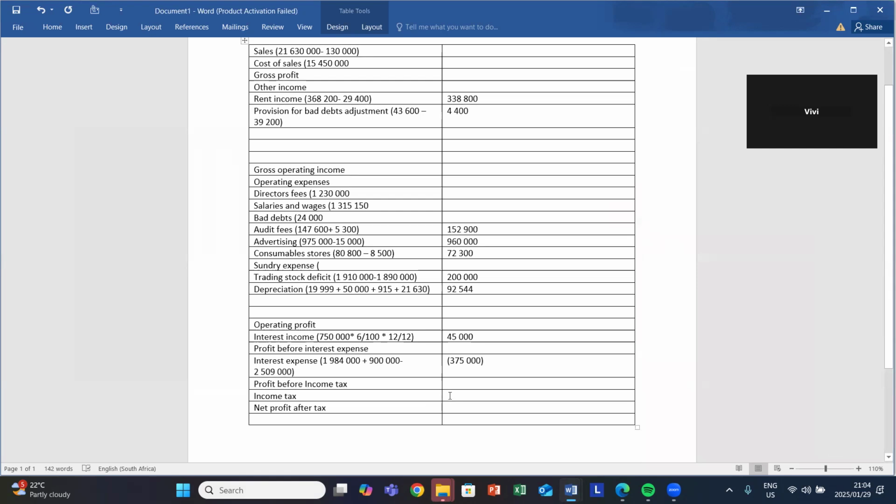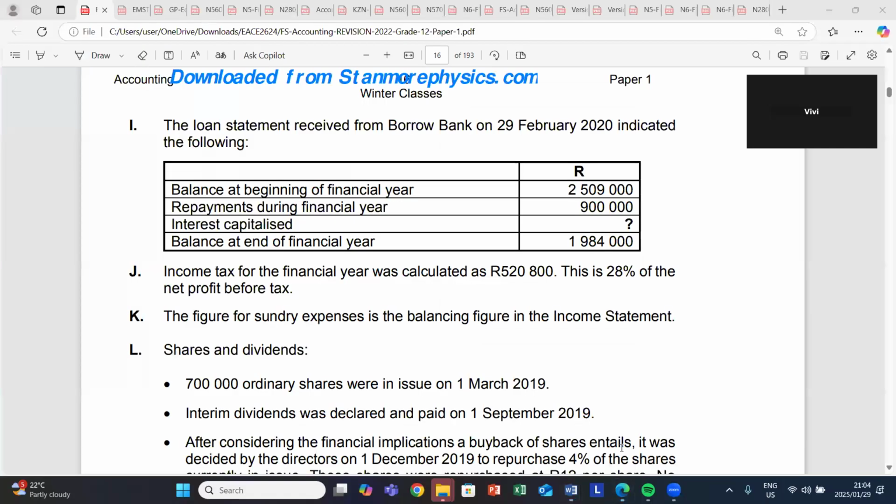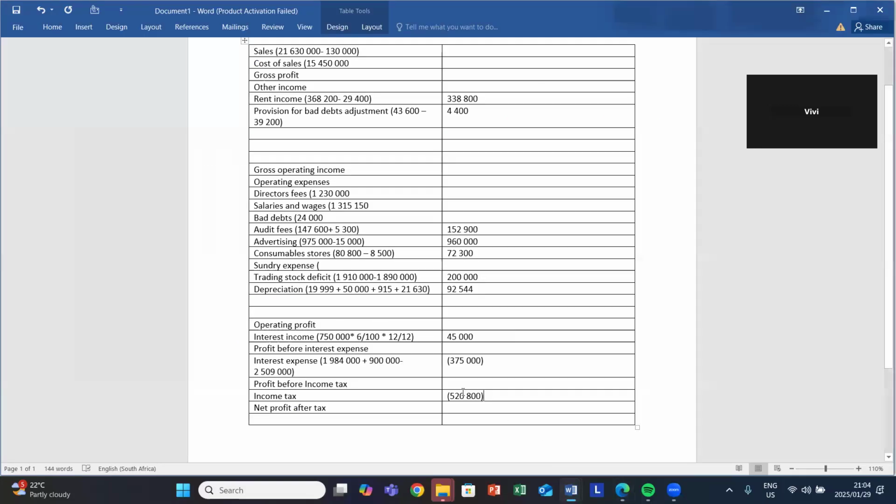It's 520. And then our income tax rate is 28% of the net profit before tax. What is the rate? 28%. Is 28% of what?